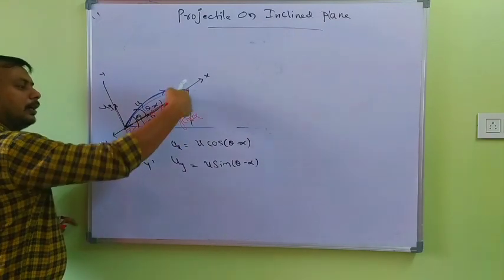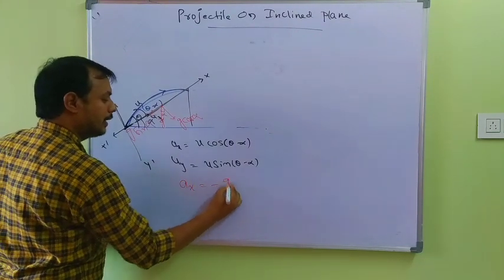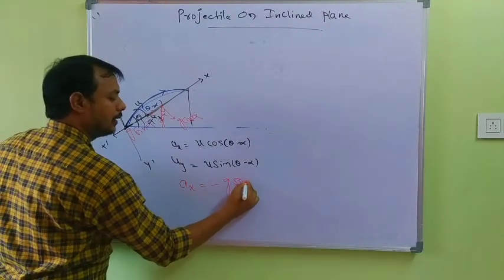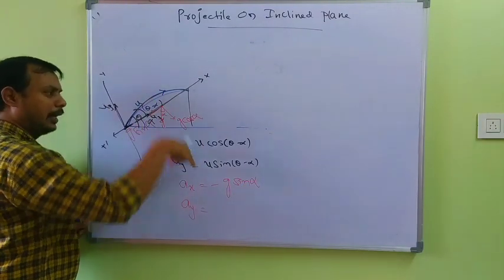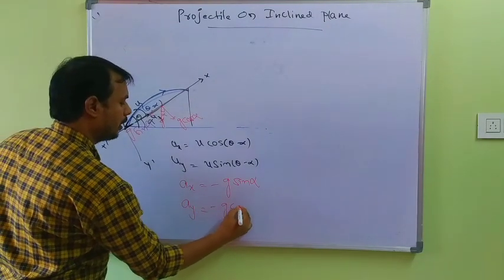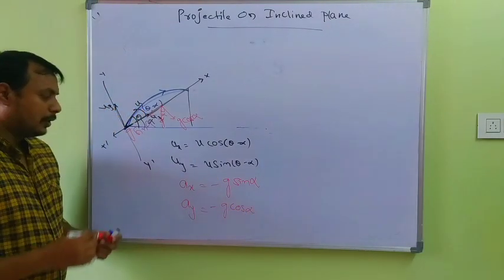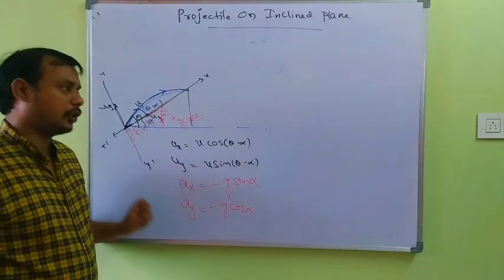The horizontal component is towards the negative x-axis, so the horizontal acceleration ax equals minus g sin alpha, and the vertical acceleration ay equals minus g cos alpha. So these are the velocity components and these are the acceleration components.